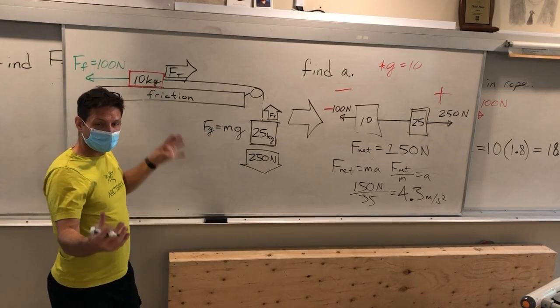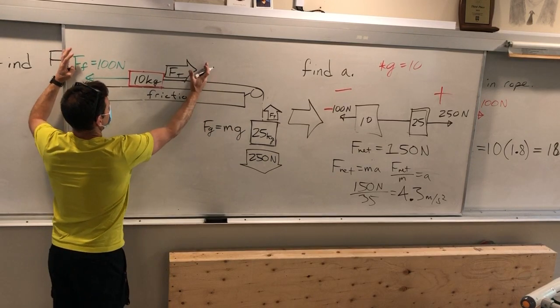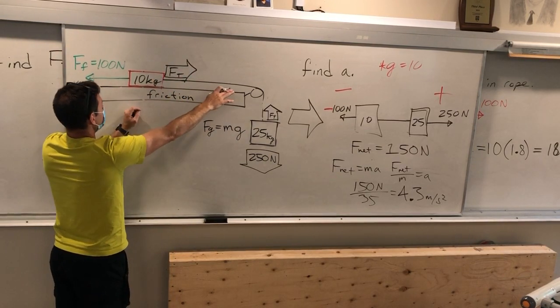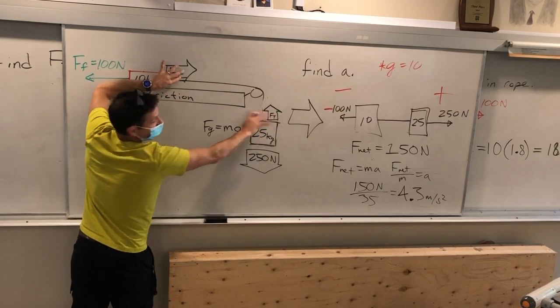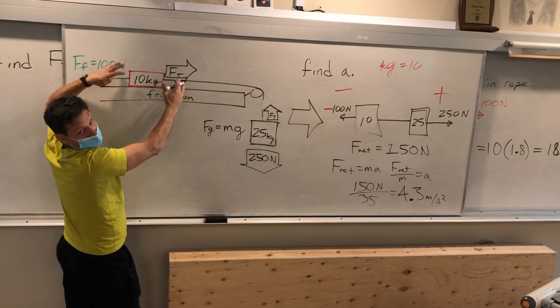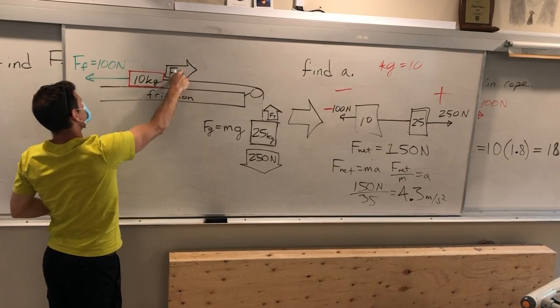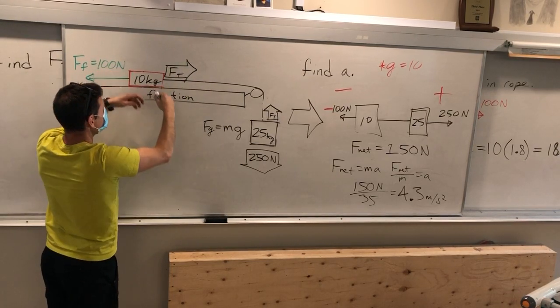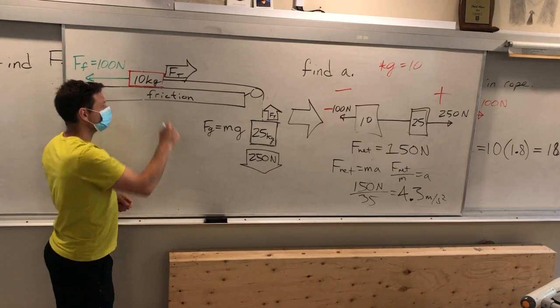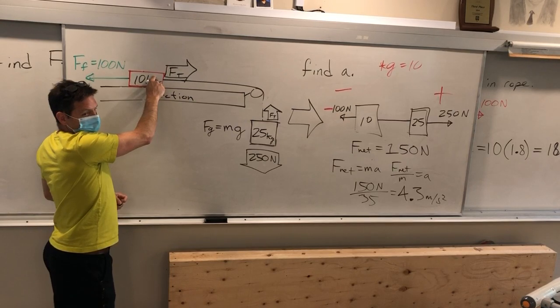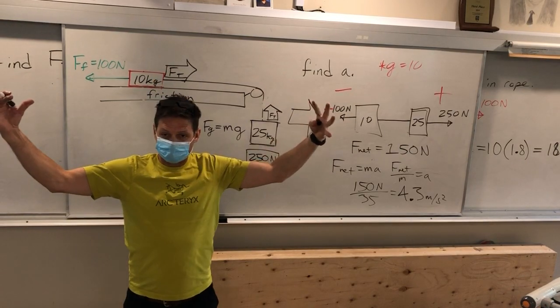But if we break that down and look at just one mass, now this mass has a tension pulling this way, but this tension is over there. That's not part of this block, right? So now we can find this tension, because this tension and this friction added together is the net force on this block.